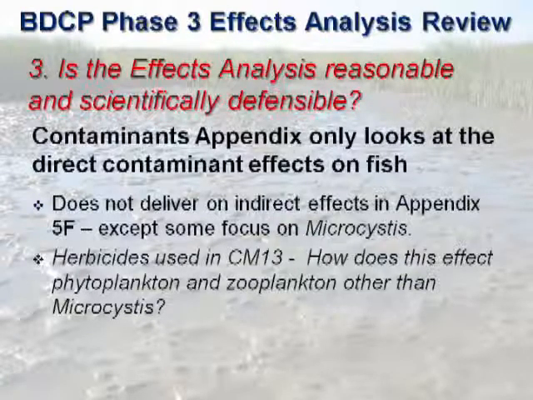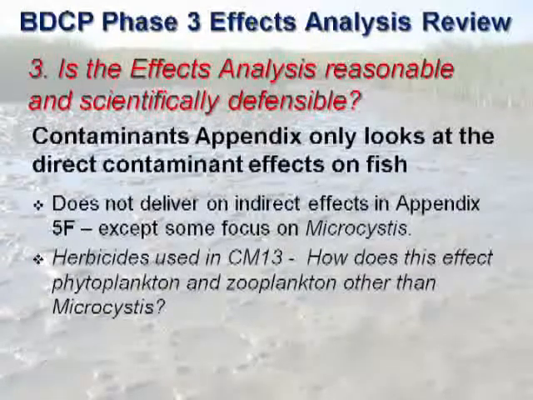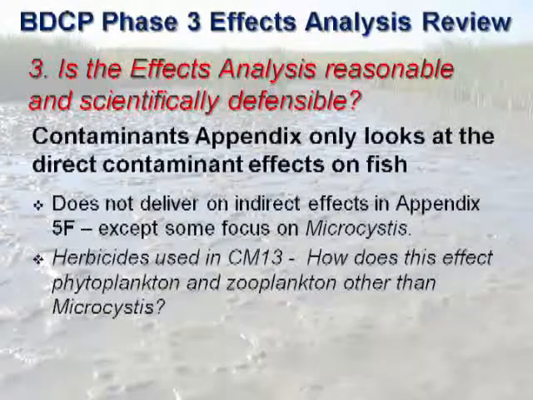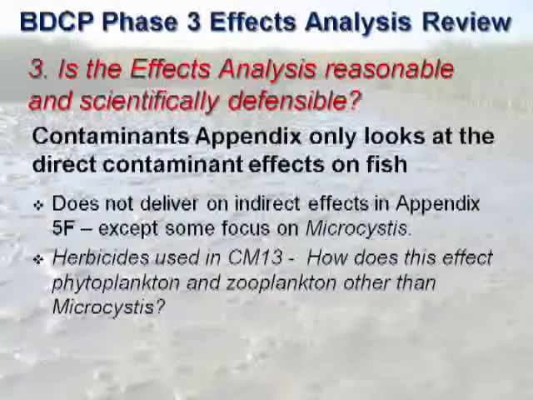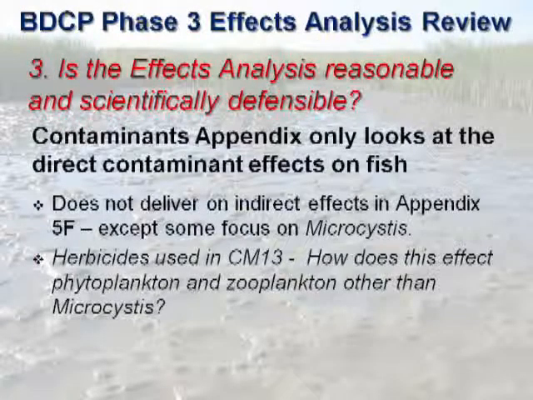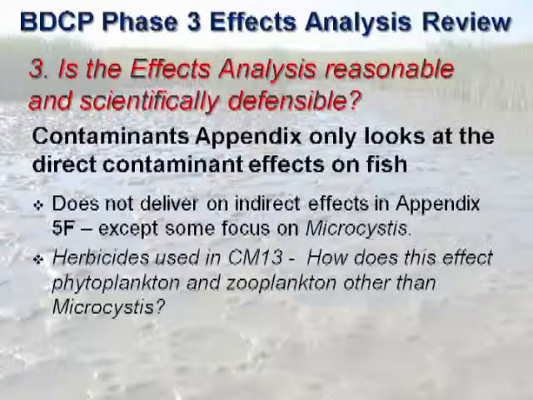And just as an example, the herbicide use as part of Conservation Measure 13, I believe, there's some discussion about the impact to microcystis, but I wonder about those indirect food web effects and whether that could be explored a little bit more fully.